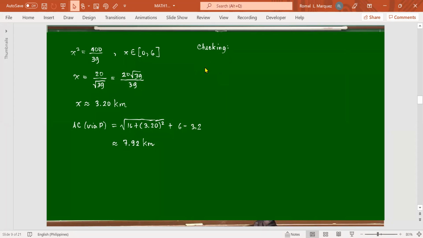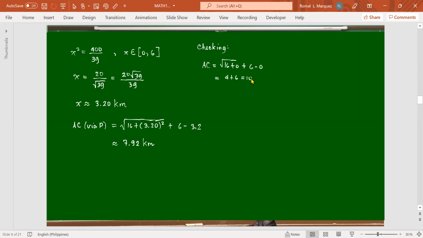So when x is 0, what is AC? When x is 0, it is square root of 16 plus 0 plus 6 minus 0. So it is 4 plus 6, 10.